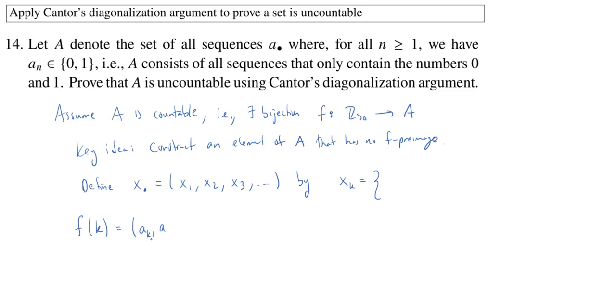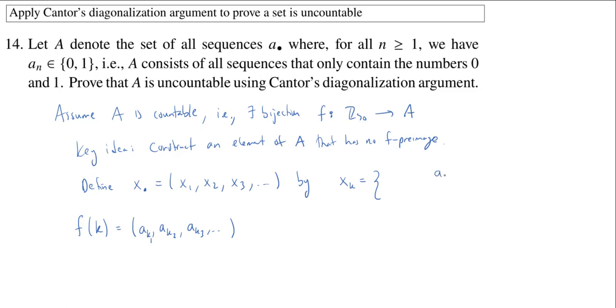It's going to be a_k1, a_k2, a_k3, etc. Okay, so I take f of k, it gives me some sequence. And the way I'm going to define x_k is by looking at the kth term in the sequence corresponding to k. That is, I'm going to look at a_kk.